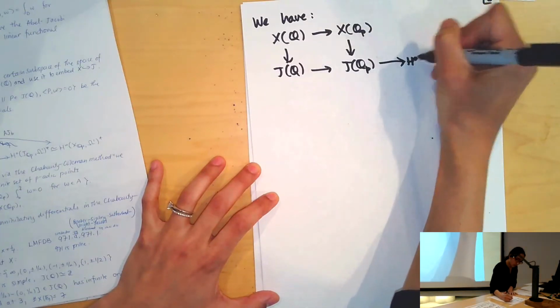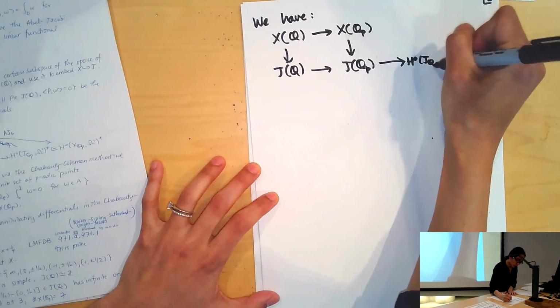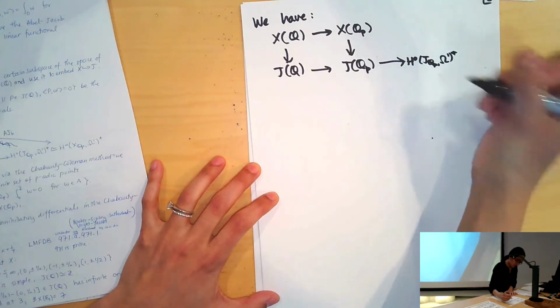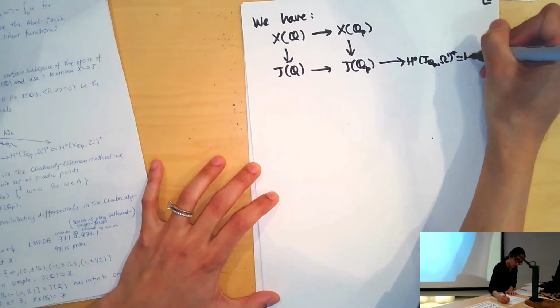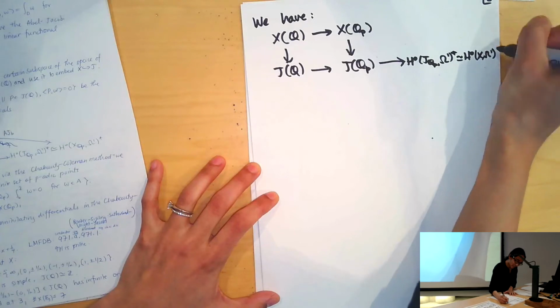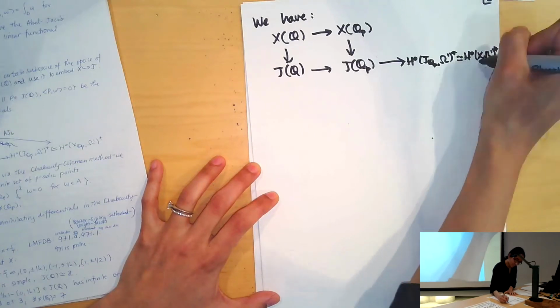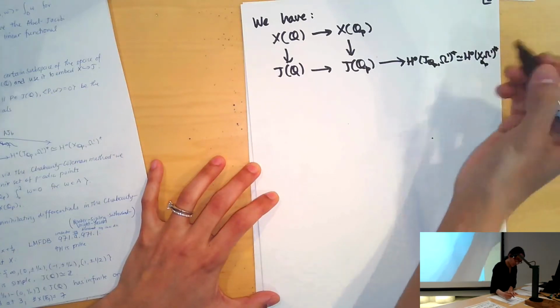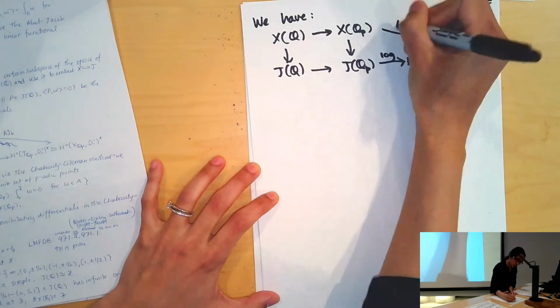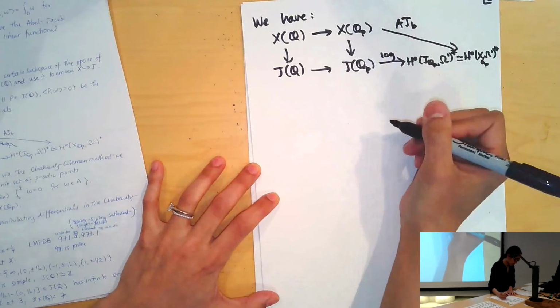We have the space of regular one forms on our Jacobian, dual space of linear functionals. Let's try to squeeze this in. Same thing on the curve over Q_p. All right, and this is our log map, and this is Abel-Jacobi with base point.